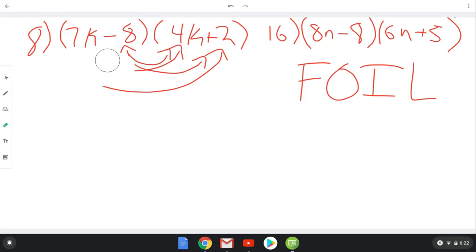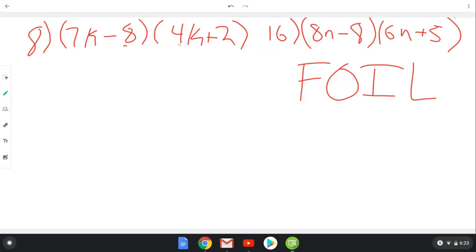We're going to go through that in detail with this example, but that's what the acronym FOIL stands for. So if I say we're going to FOIL this, that basically just means we're going to multiply the two polynomials together. FOIL is just an acronym that we use to remember how we do that.